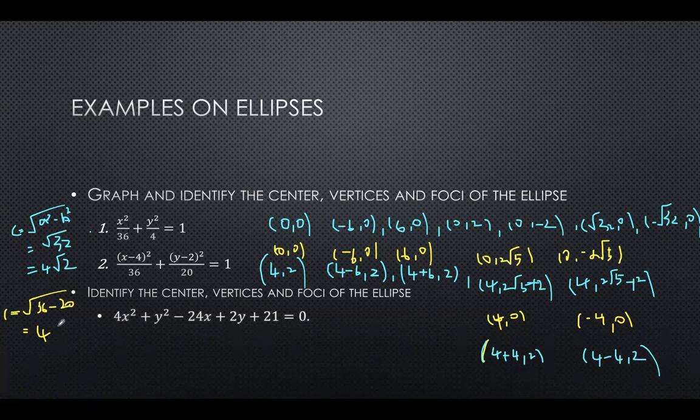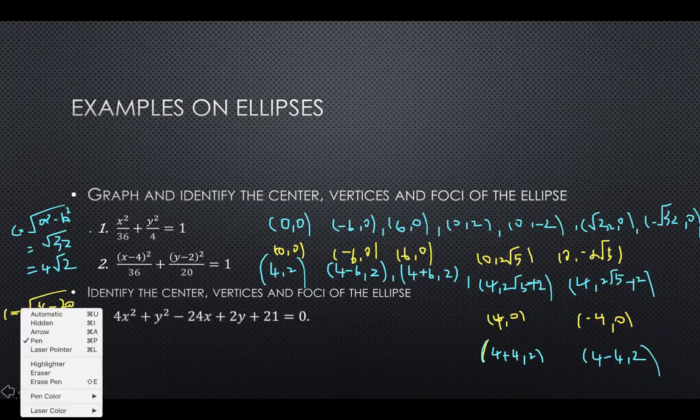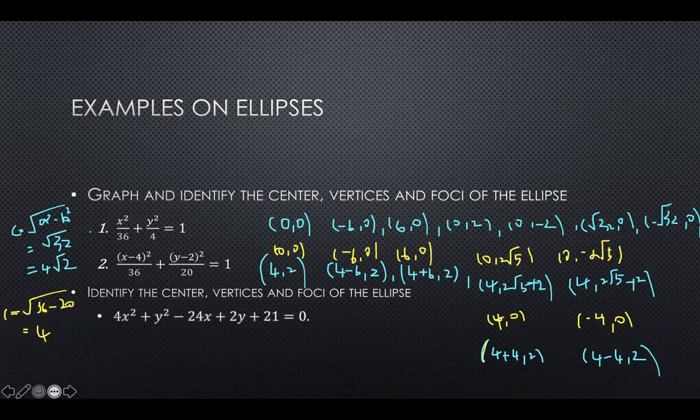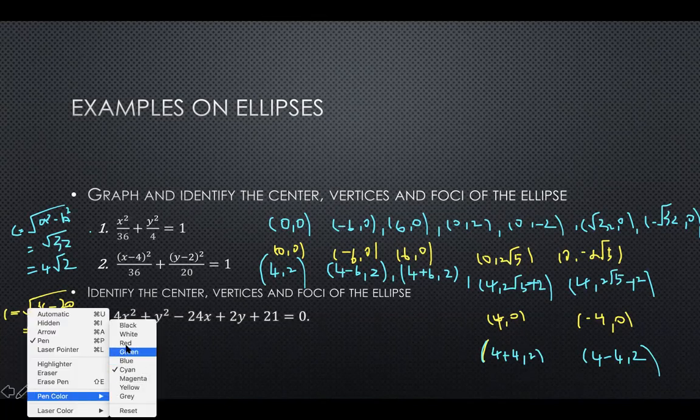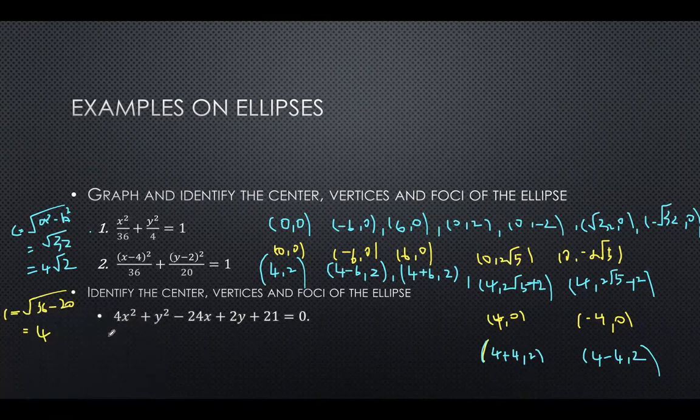So for the next one, now you have to perform completing the square for the equation of an ellipse. All right. So in this case, similar to what we did before, you isolate the x term and y term.